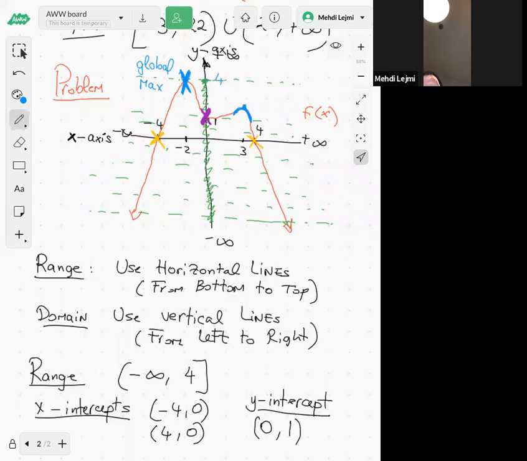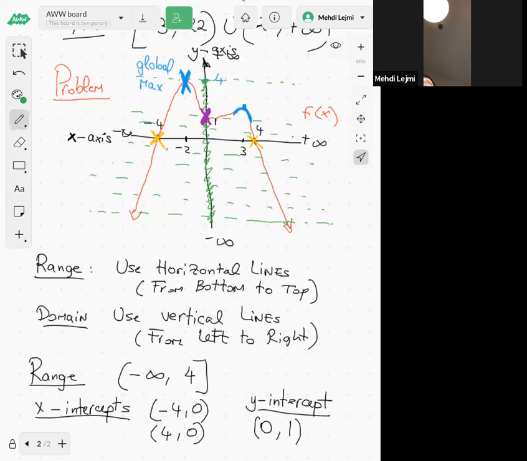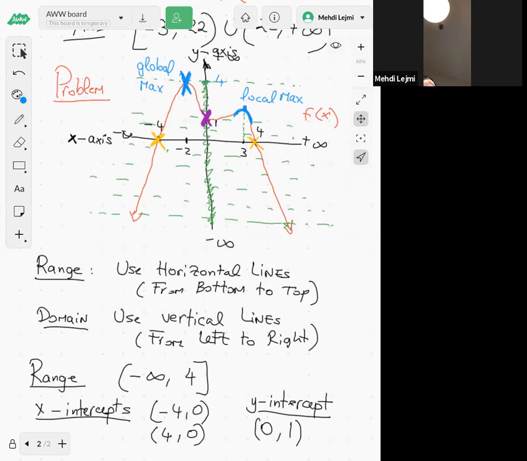This vertex will be your local maximum, which is x equal to 3. So to answer the question, we do have local maximum at x equal to -2 and x equal to +3.